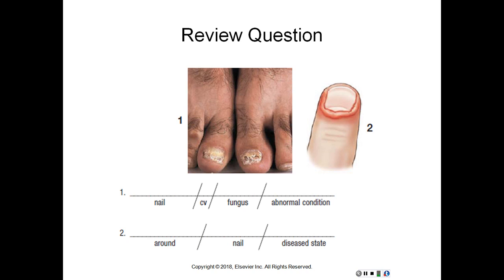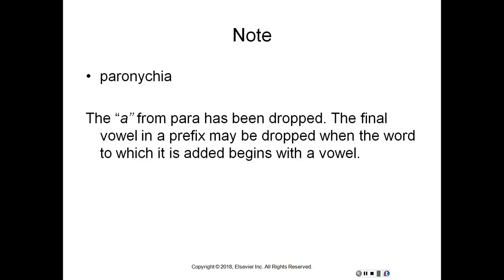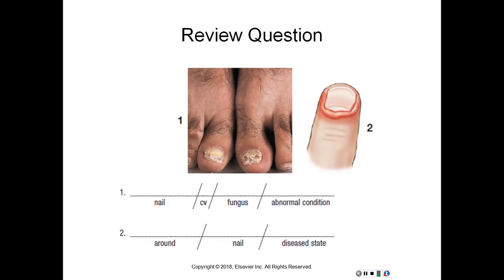And then the next one, around nail disease state. So para was a prefix that meant around. Nail, again, could either be onycho or unguo, and then disease state was the suffix ia. Just like in this scenario right here, the A from para has been dropped.